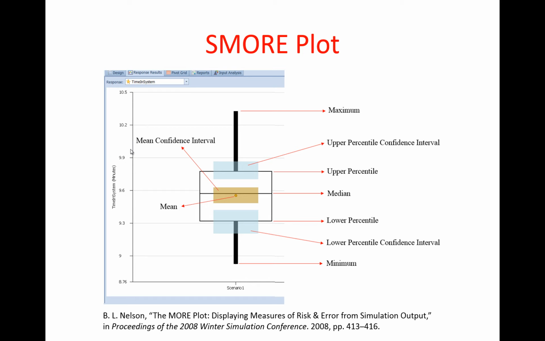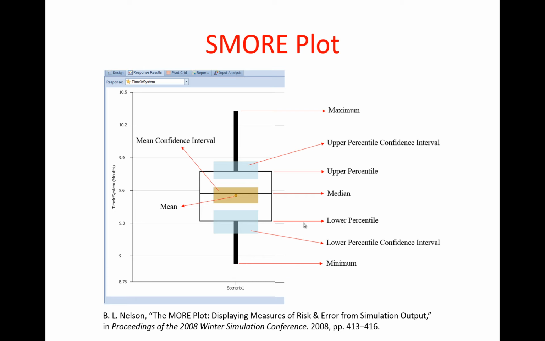So here you can see the different components of SMORE plots. We can see that it not only gives us information about the sample mean, but it also gives us information about the maximum of our sample and the minimum of our sample.